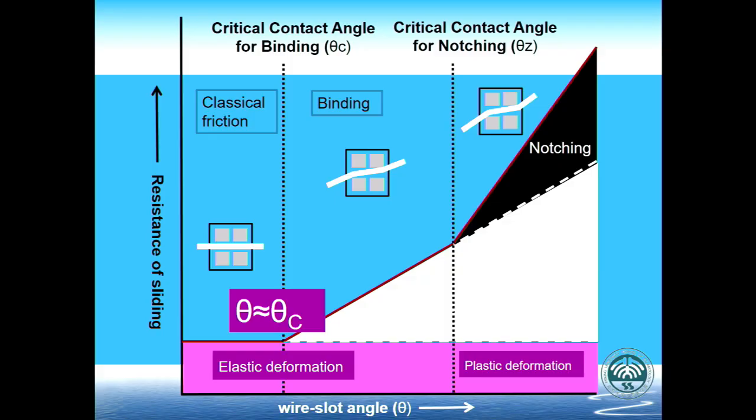When theta is less than theta c, friction is lower, but archwire has no elastic deformation, meaning no correction force. So we believe theta should be a little bit larger than theta c. This is better.